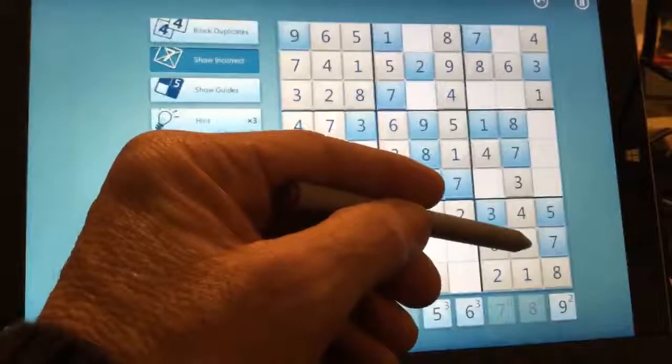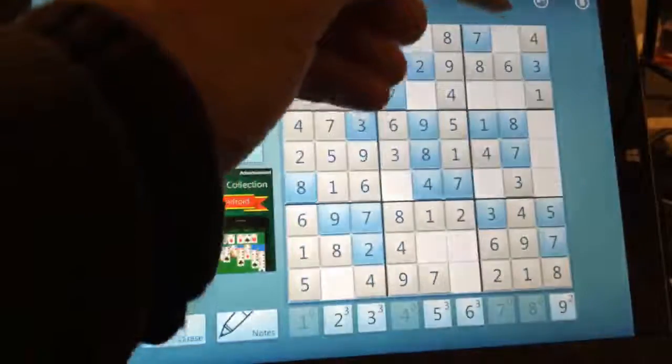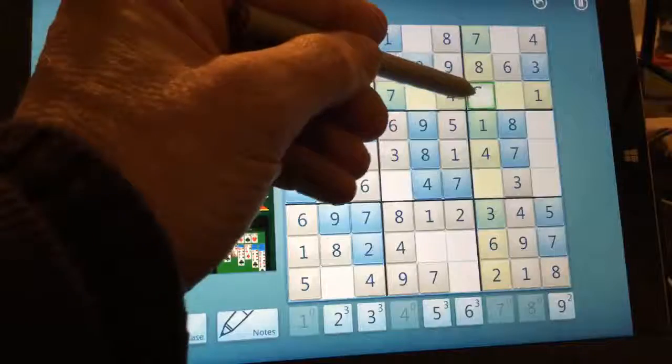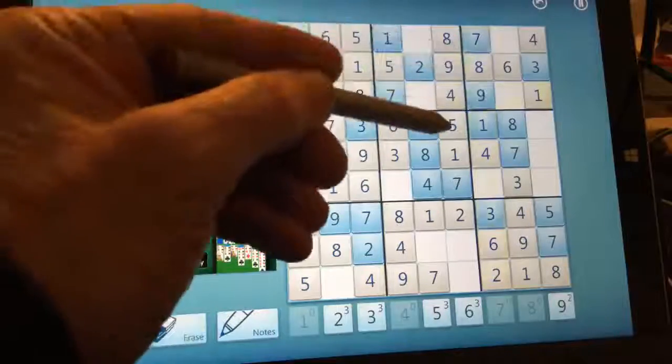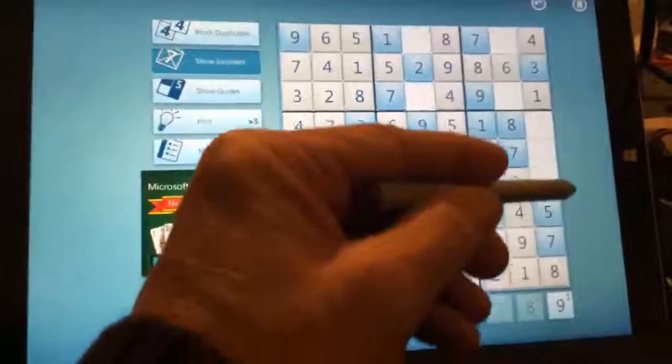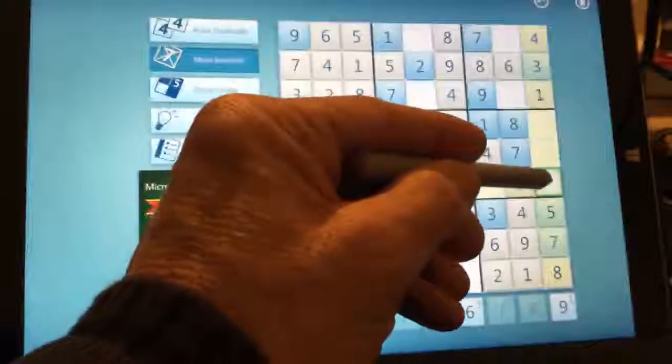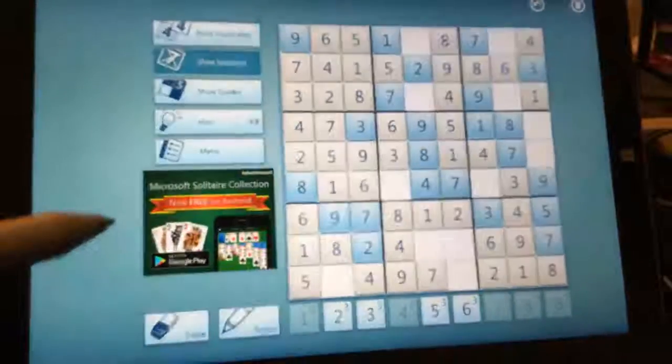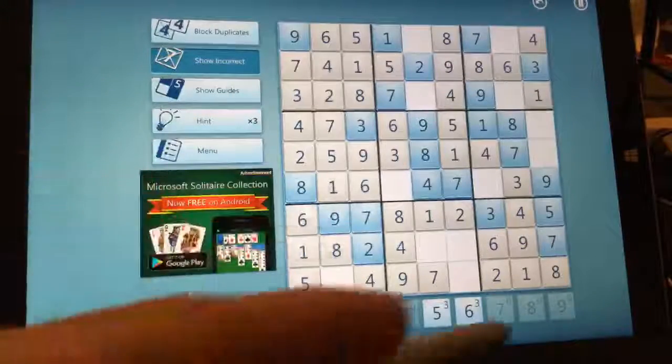That 9 canceled that, so it worked. So now the 9 goes here, and 9's are done.